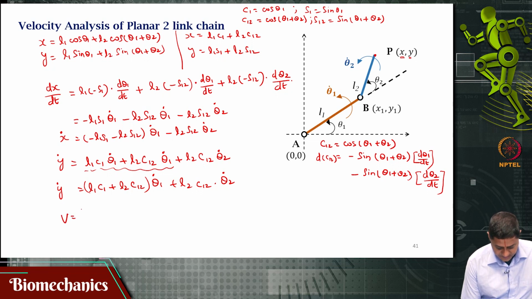This is velocity, right, which is x dot y dot. Okay.